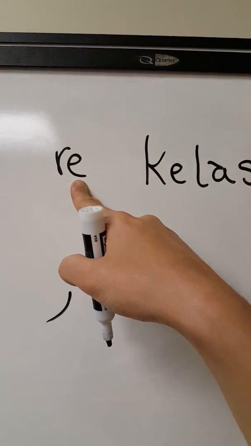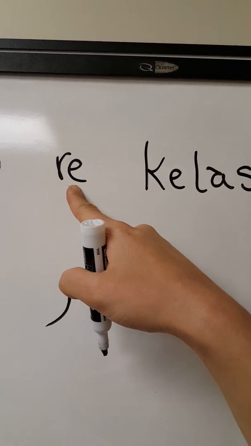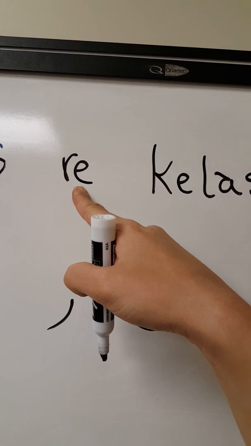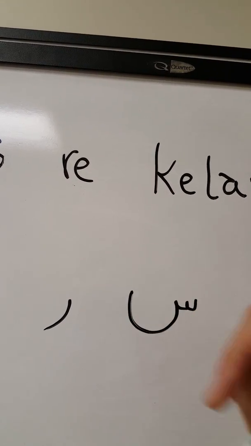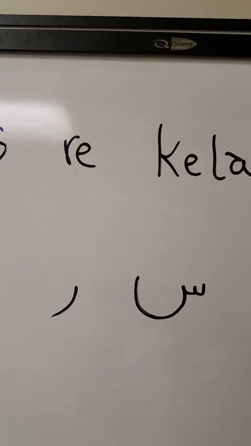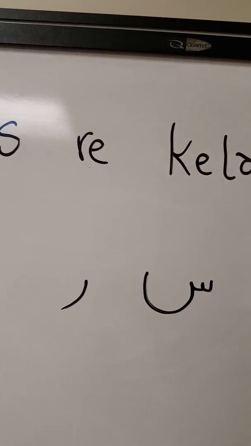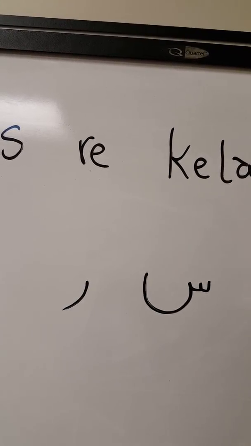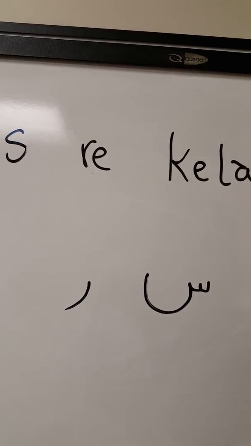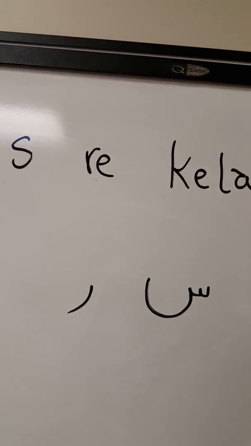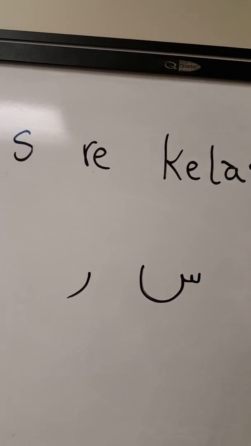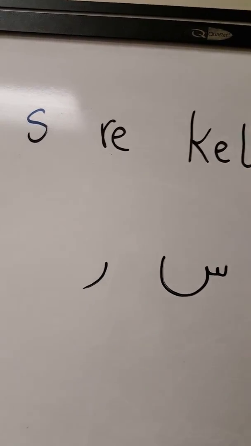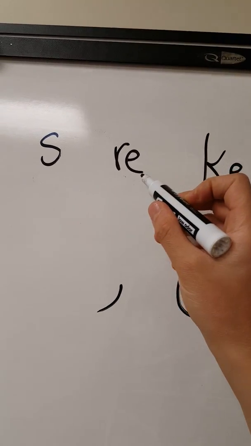And here, this E in here is called sare. So when I say sare, it's not much of the passive sound of eh. It doesn't have it that long. It's very short, sare.